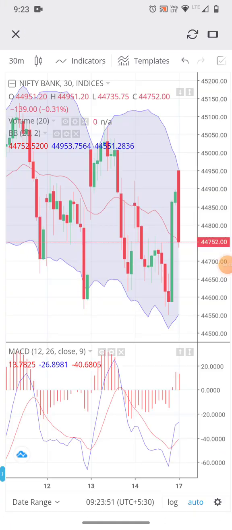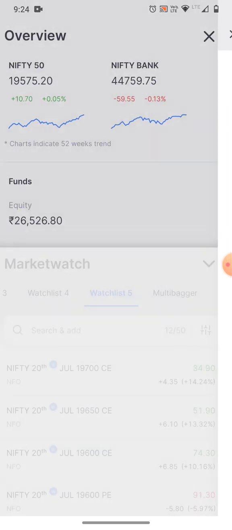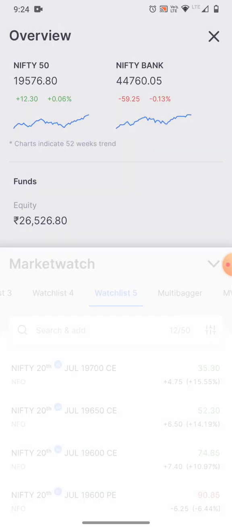Let's see Bank Nifty's chart. Bank Nifty's chart looks a little weaker than Nifty, and on a 30 minutes time frame it looks declining and on a downtrend. It means significant weakness in Bank Nifty as compared to Nifty.